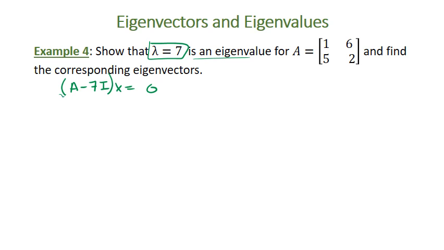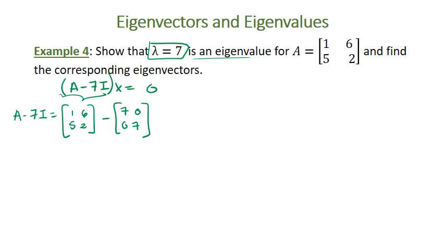Okay, so to solve this, A minus 7I, we'll set that up here. And 7I is just 7 times that identity matrix, 7, 0, 0, 7. So subtracting corresponding entries, I get the following matrix.